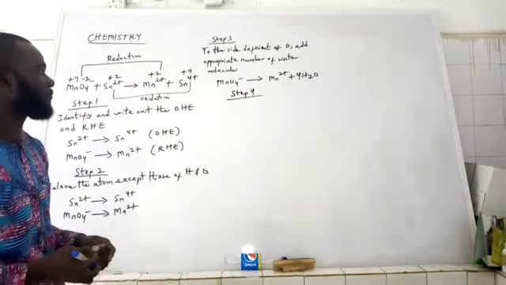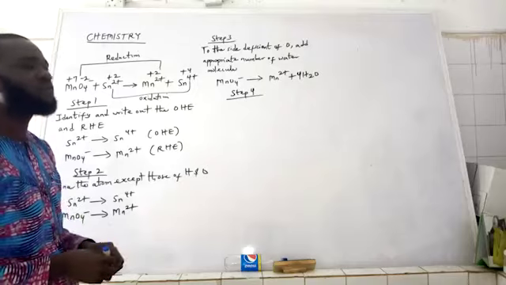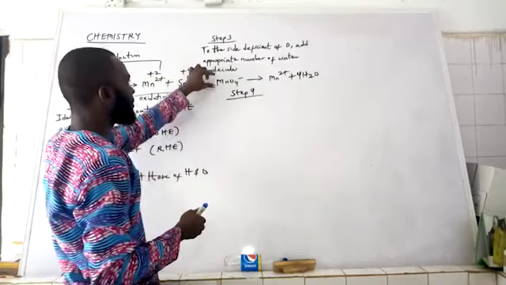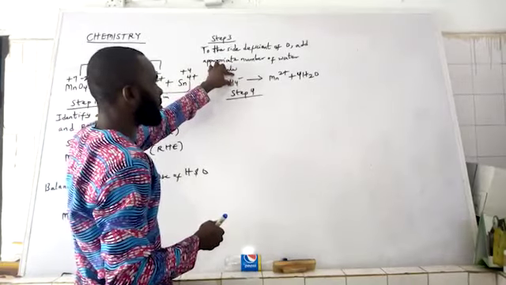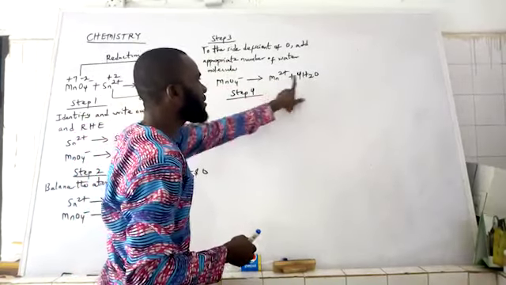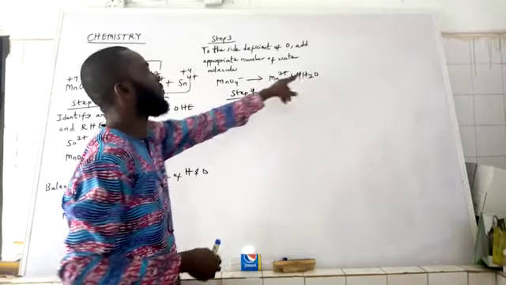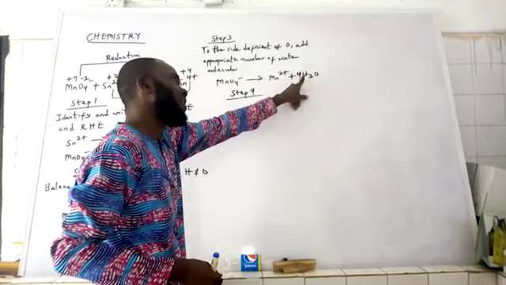Now, for step 4, if you look at step 3, something has happened. On this side I have manganese and oxygen, while on this side I have manganese, hydrogen and oxygen. Because of the addition of a water molecule, hydrogen has been added here.